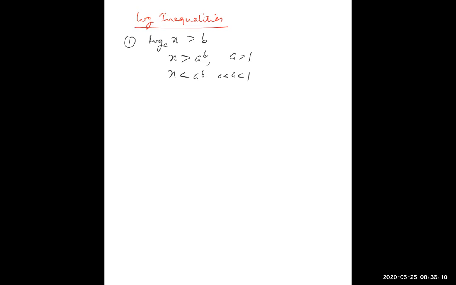See, important thing is this inequality changing. Why inequality changing? Because I have explained you increasing and decreasing function. When a is greater than 1, it is increasing function. When a is between 0 and 1, it is decreasing function. So that is why this inequality changes.